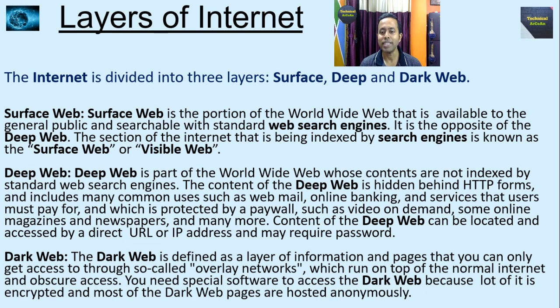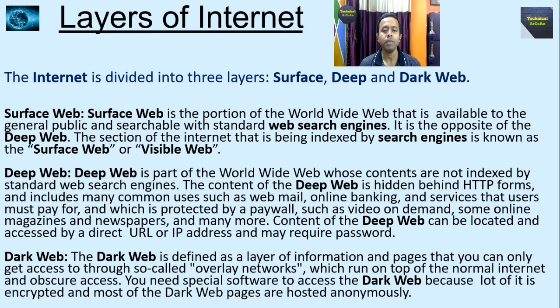Okay, such as video on demand, some online magazines and newspapers and many more, right? Content of the deep web can be located and accessed by a direct URL or IP address and may require a password.